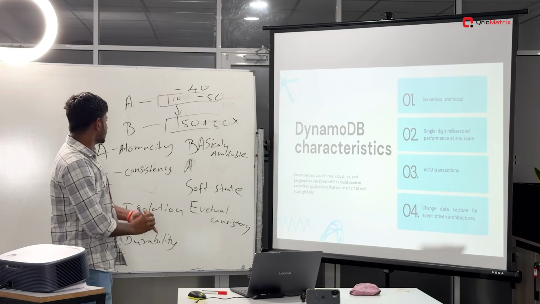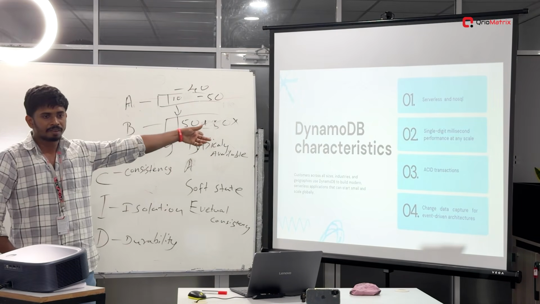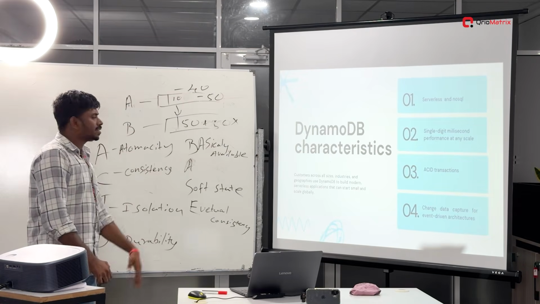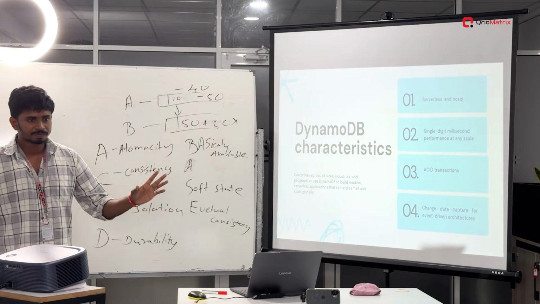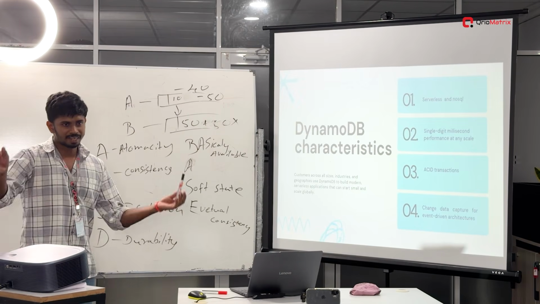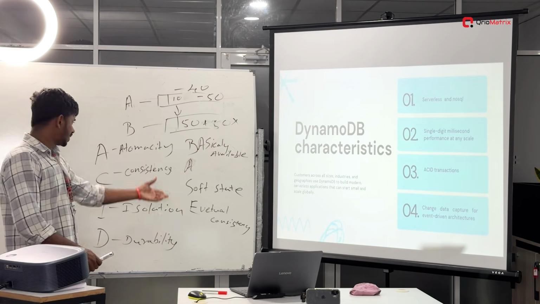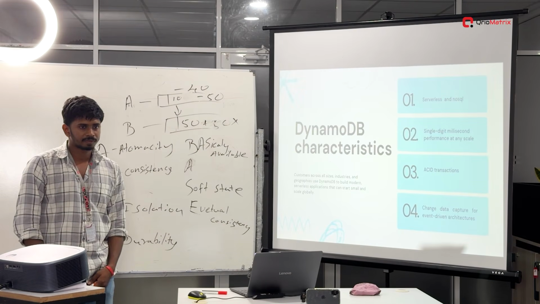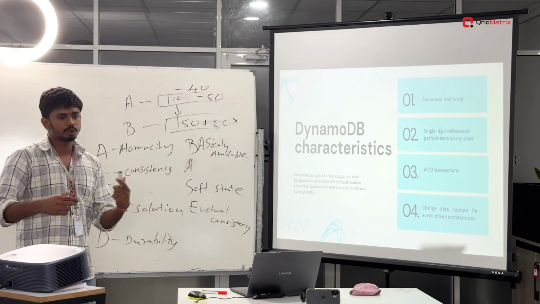Basically available means that when we think about scenarios like DynamoDB, the system should always be available. And the soft state, the basic idea I'm just giving you, means the state can change over time, even if the user didn't do anything.